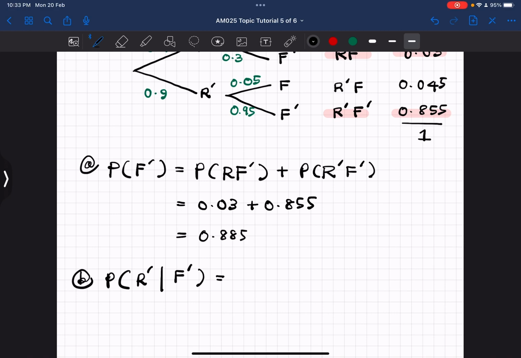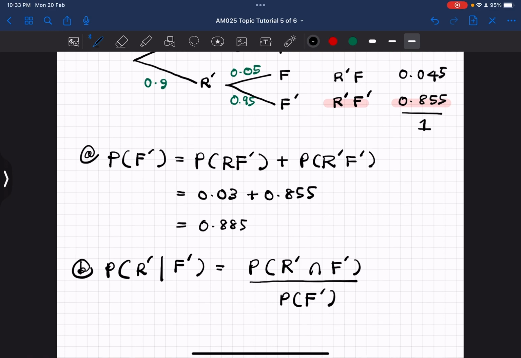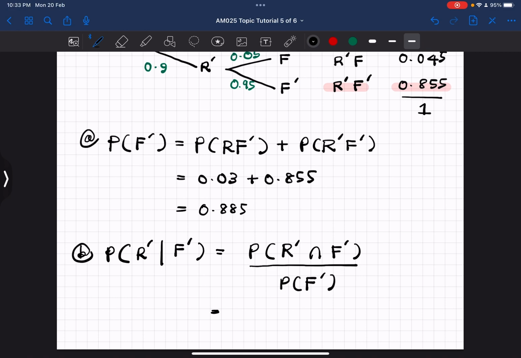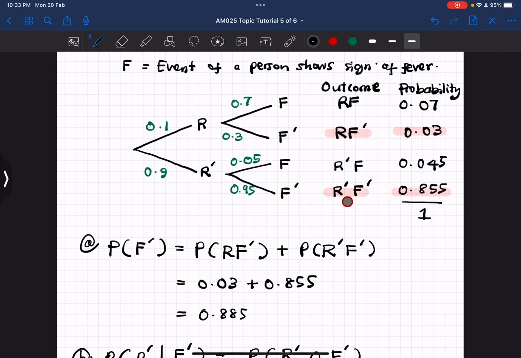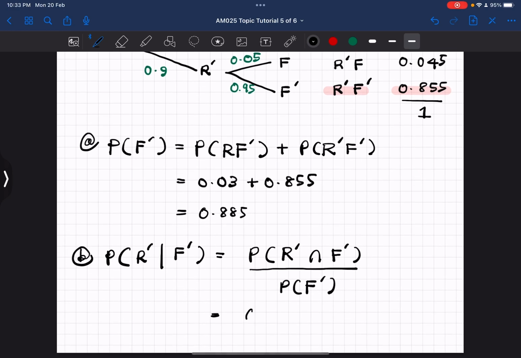Using conditional probability, the probability of complement of R given complement of F we can write as the probability of complement of R intersect complement of F divided by the probability of complement of F. From the tree diagram, the complement of R and complement of F is 0.855, and we already found the complement of F, which is 0.885.